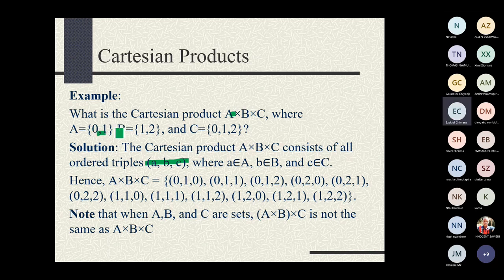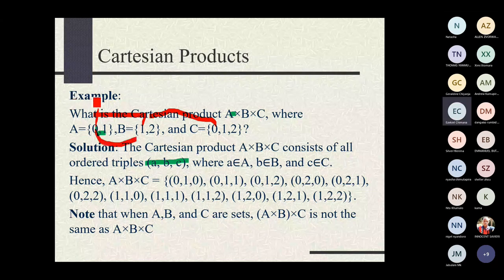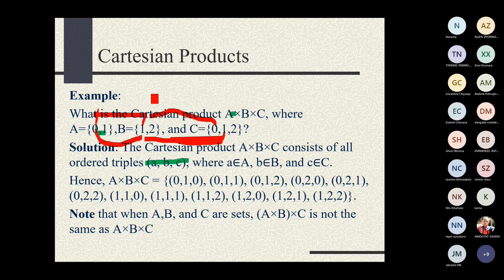For example, at first we've got 0, 1, 0. Where do we get this? It's this 0, this 1 and this 0. So it's 0, 1, 0. Then next we need this 0 and this 1 and this 1, and that's 0, 1, 1.